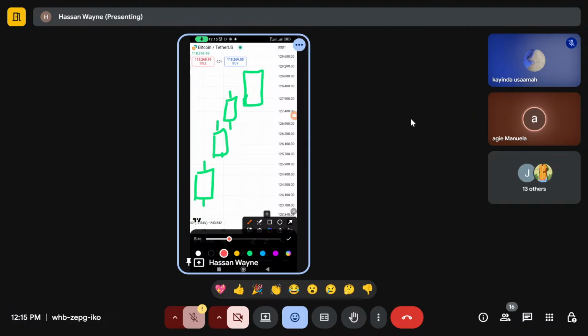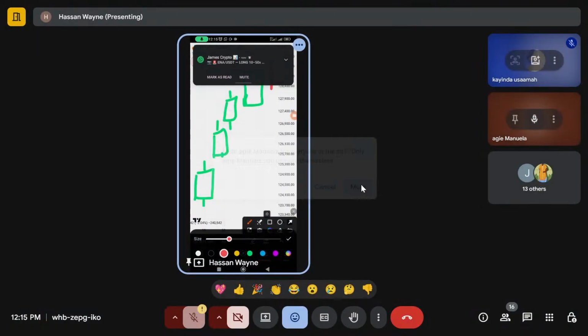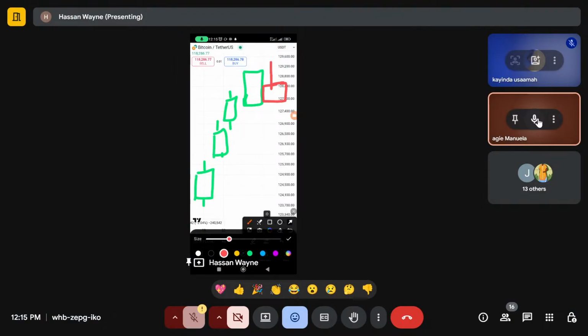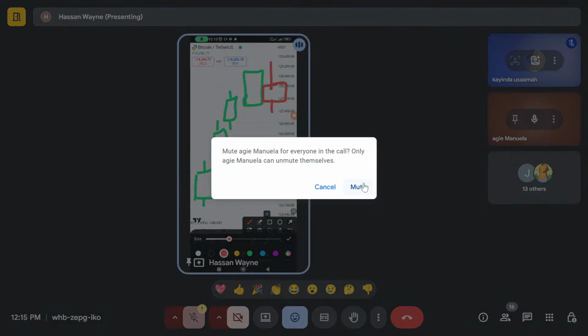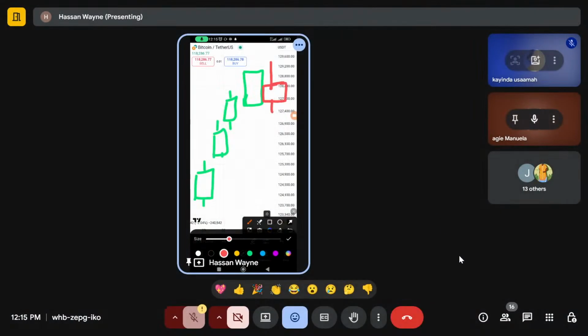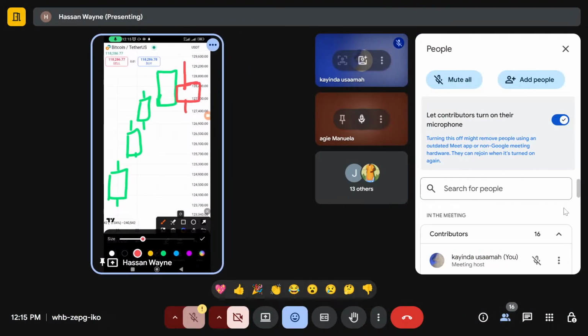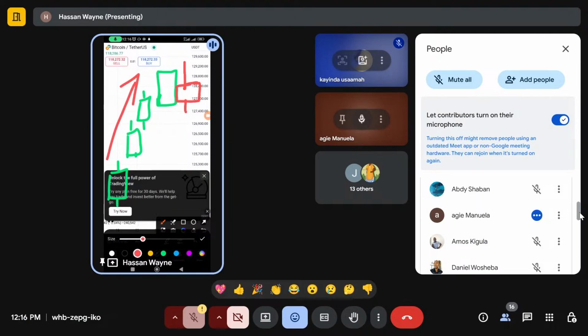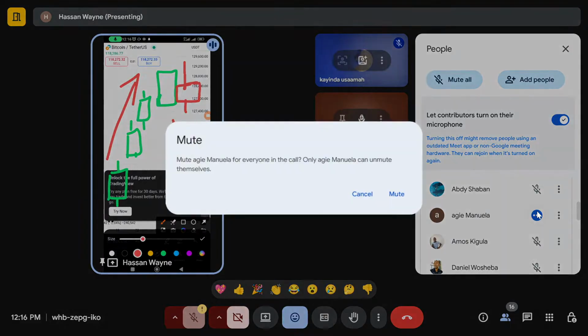Then as sellers step in, they push the market down, so we end up with a red candle like this, meaning sellers have stepped in. So when you see such, just know we have been in an uptrend. Now it is high time to do the reversal.